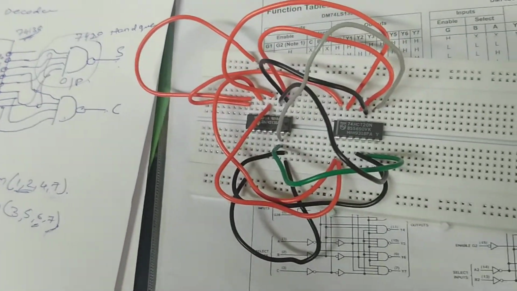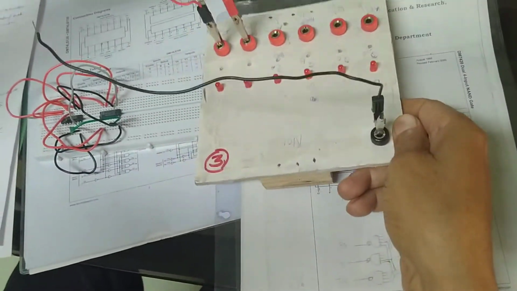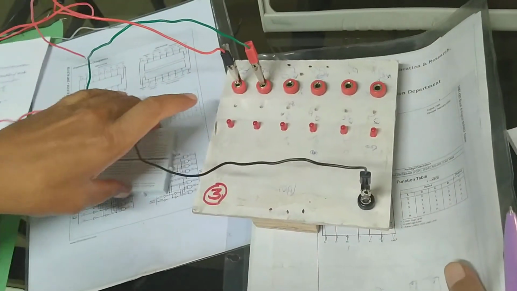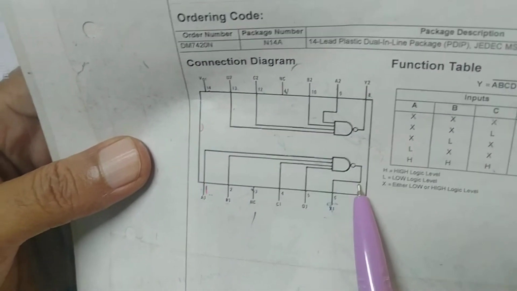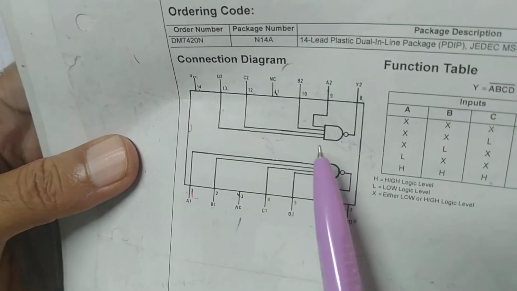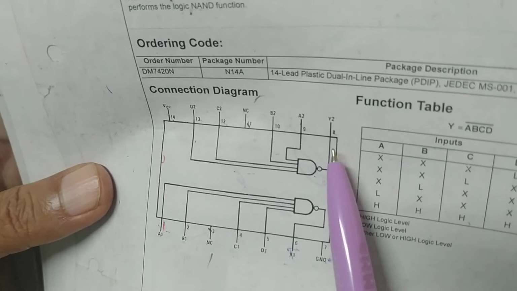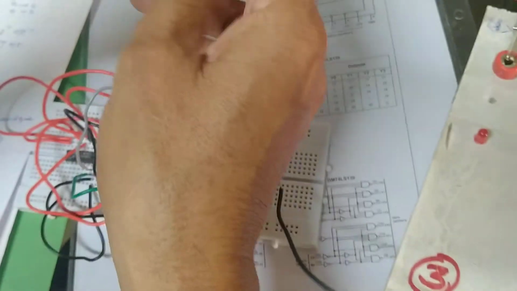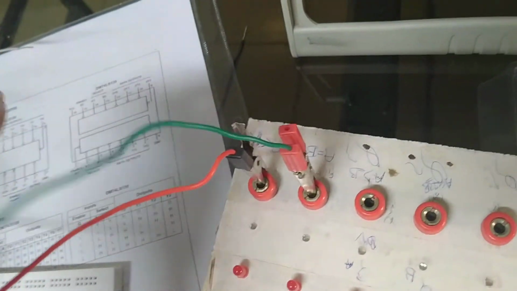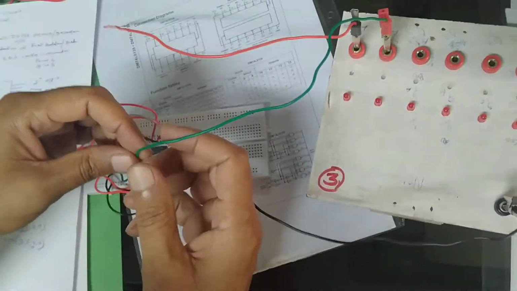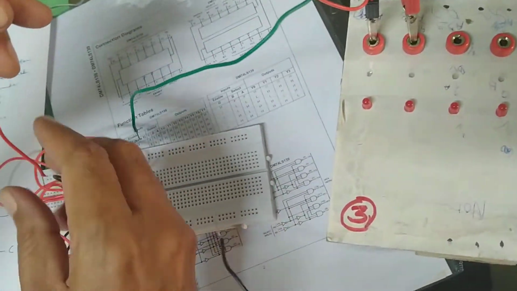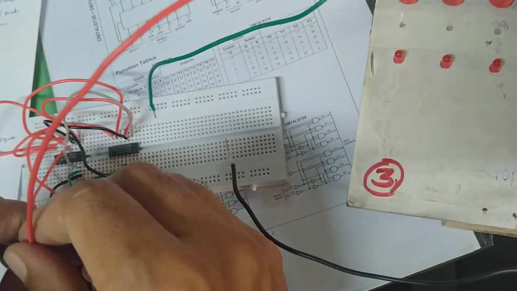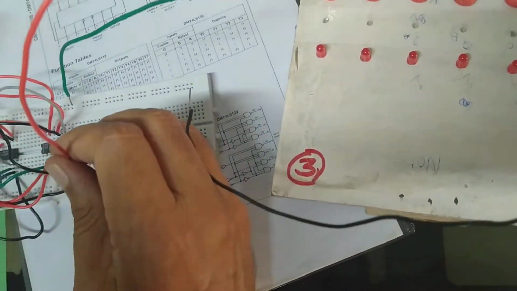Now we have to connect the outputs. The outputs are connected to this LED. You can see over here, the output of the first NAND gate is at pin number 6 and the second one is at pin number 8. So 6 and 8. For the first IC, we take the output as the sum, and that is present at pin number 6.